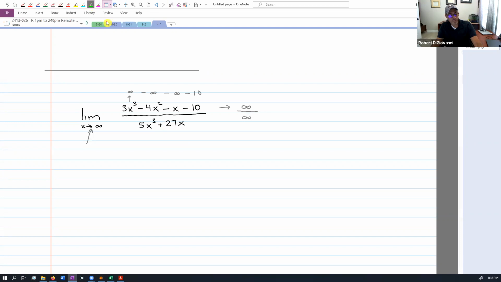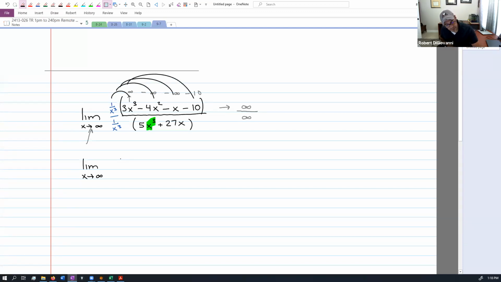We identify the highest power of x on the bottom, x cubed. And so I'll multiply by 1 over x cubed over 1 over x cubed. This will guarantee that when I pass it through the denominator, I'm going to have a number on the bottom because that x cubed is going to cancel. So let's see what we get. Distribute, boom, boom, boom, boom.